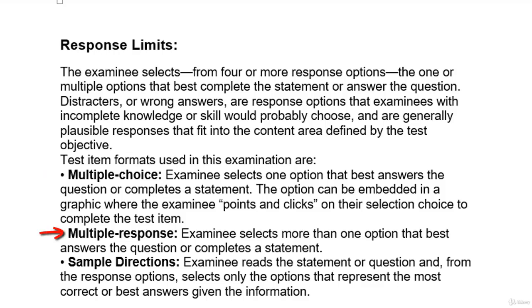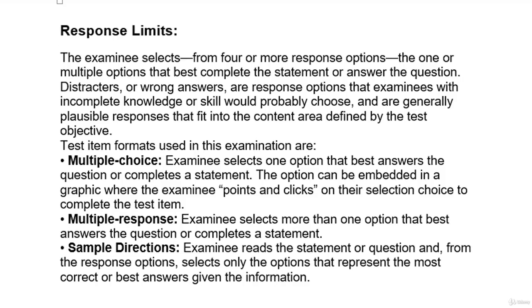Another one is multiple response. The examinee selects more than one option that best answers the question or completes a statement. And the third one, sample directions, means the examinee reads the statement or question, and from the response options selects only the options that represent the most correct or best answers given the information.